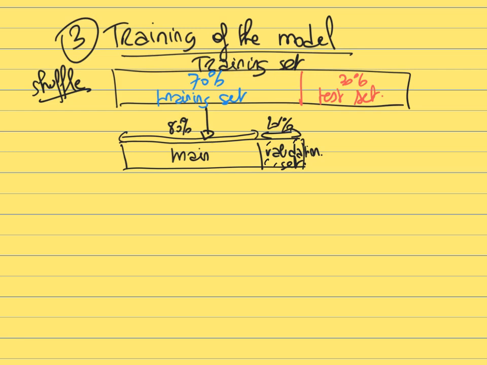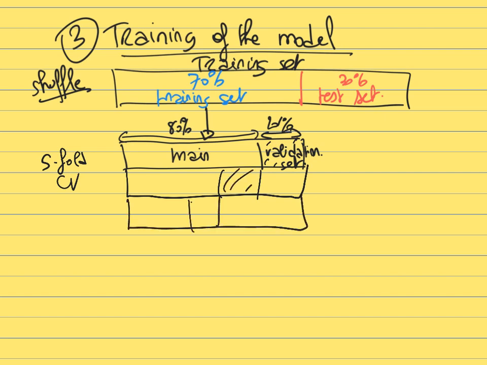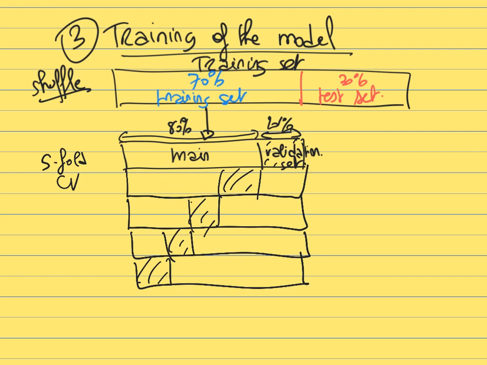That being said, for the validation set, typically what we use are cross-validation techniques, where rather than using a single validation set and a single training set, you are going to use k-fold cross-validation. For example, in this case, that would be a 5-fold cross-validation, where you are going to repeat this 5 times. Each of those 5 times you are going to train the model based on 4 of the folds, and you are going to validate this model based on the remaining fold.